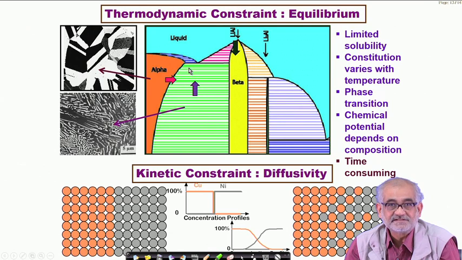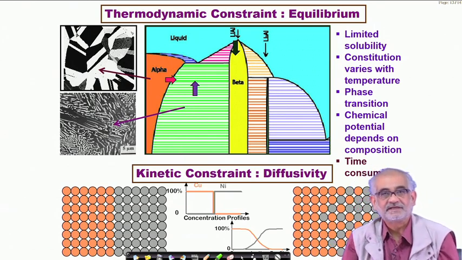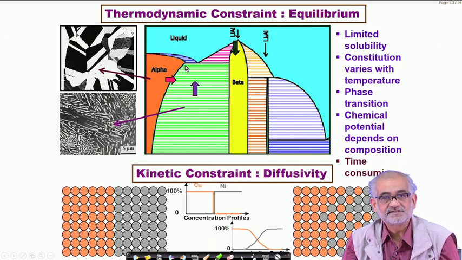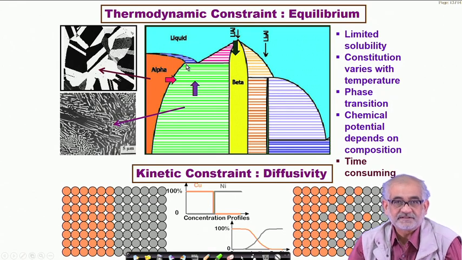And this diagram tells us, for example, that if we want to dissolve B in A, the two components we just call A and B here, this is the maximum amount of B that you can expect in solid state in A.